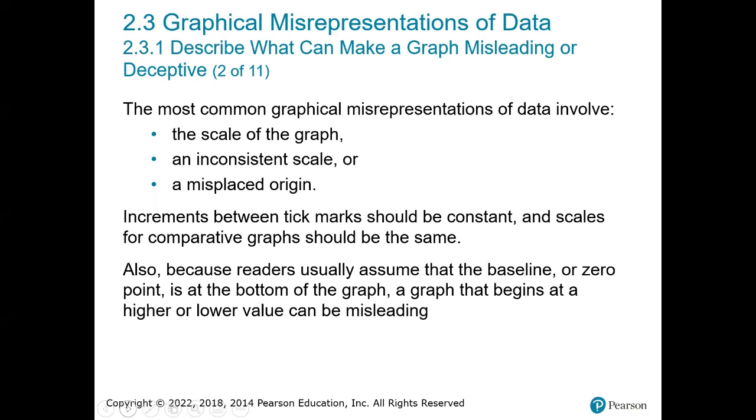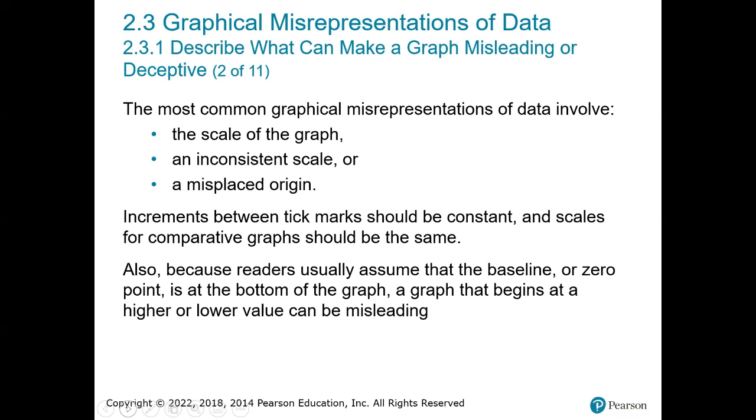Okay, so the way that most commonly graphs are misleading is first off the scale of the graph. That's usually with images on the scale, pictures, an inconsistent scale, which is where you don't count by the same value each time between the tick marks, or a misplaced origin, such as the origin (0,0) not being shown.